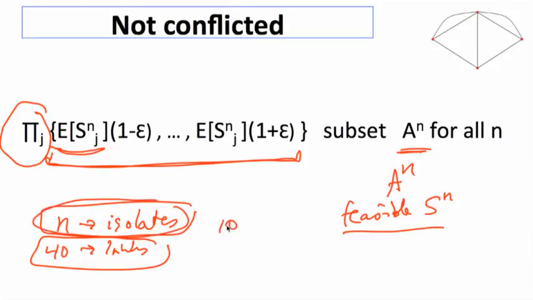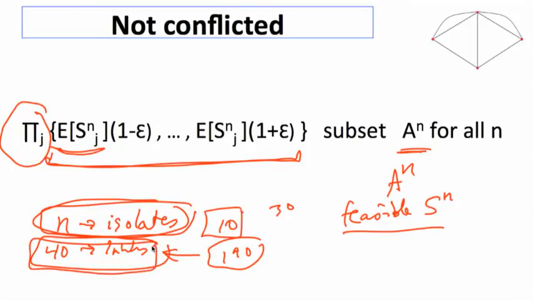If we only have 10 isolates and we're dealing with 30 nodes, then there are 190 possible links, so it is possible to have 40 links. What this condition says is that in the range where we expect the number of isolates to be, and the range where we expect the number of links to be, we don't end up in conflicts with each other. We don't end up with so many isolates that there couldn't be that many links, or so many links that we can't deal with the number of isolates we've got. They have to be congruent with each other. Okay, so that's the not conflicted condition.